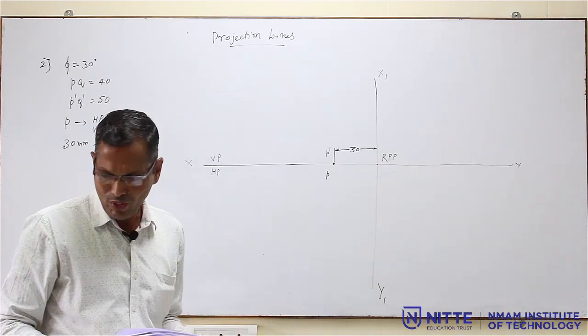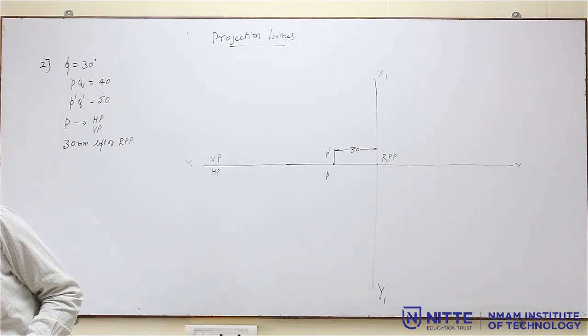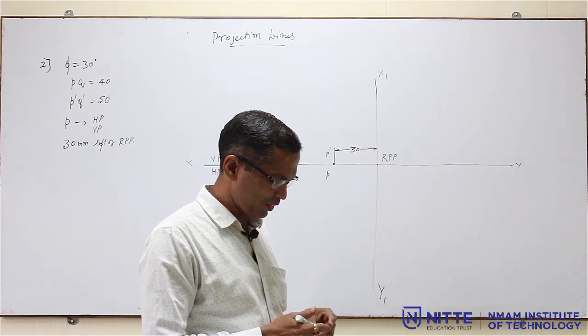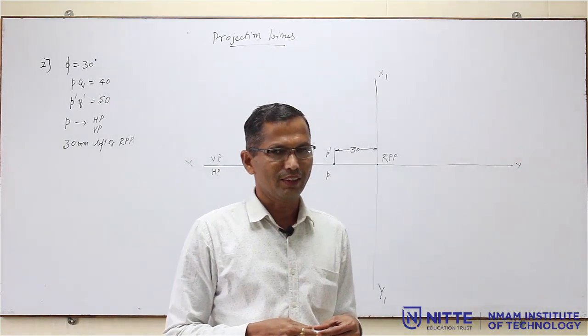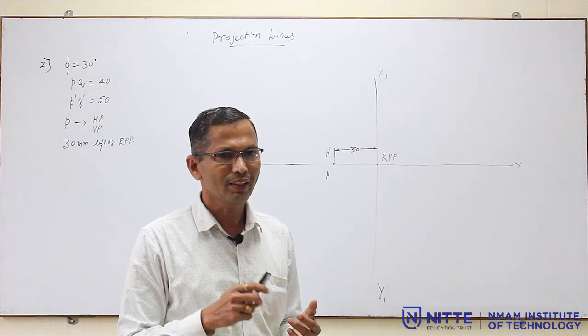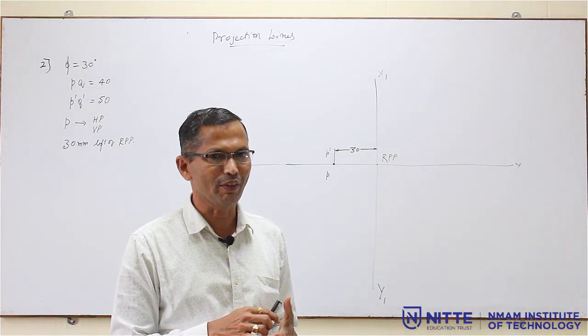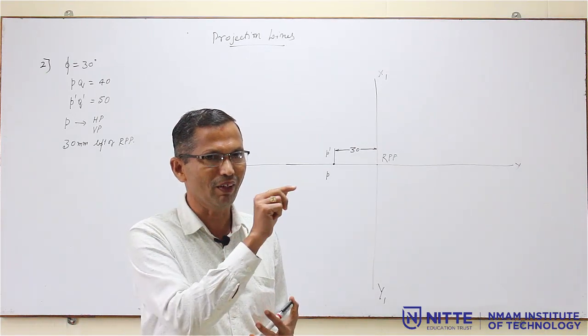So, both top view and front view coincide. And they have given the top view and front view lengths. If you refer back to the first class, whenever the front view and top view lengths are given and angles are not given, we can start with a horizontal line.